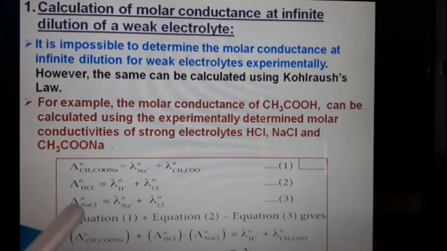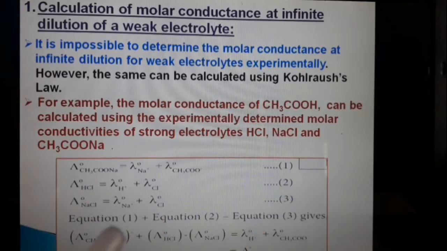Next, hydrochloric acid, after dissociation gives H plus ion and Cl minus ion: lambda 0 H plus and lambda 0 Cl minus. As per Kohlrausch law, this is the second equation. Next, sodium chloride: lambda 0 NaCl is equal to lambda 0 Na plus and lambda 0 Cl minus, the third equation.